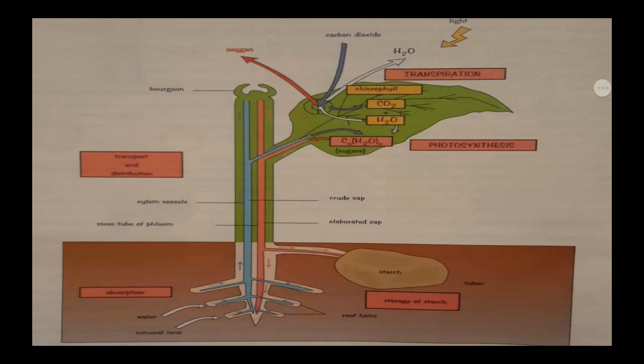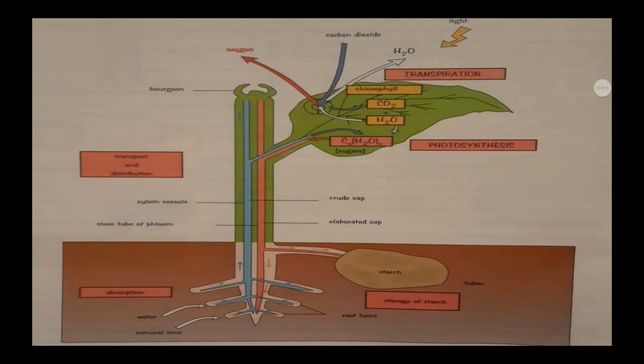Meanwhile, the leaves absorb carbon dioxide from the atmosphere and trap the energy from the sun, trap the sunlight, and transform the crude sap, which is water and mineral salts, into elaborated sap, which is the food of the plant. Elaborated sap is the starch, the organic matter that the plant makes. This elaborated sap moves in a descending manner downwards toward all the plant.